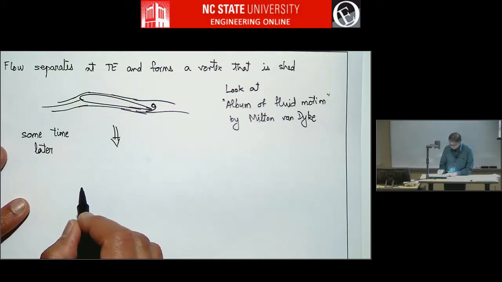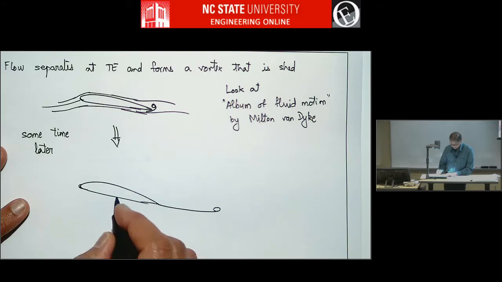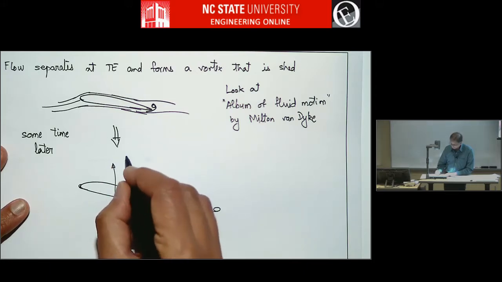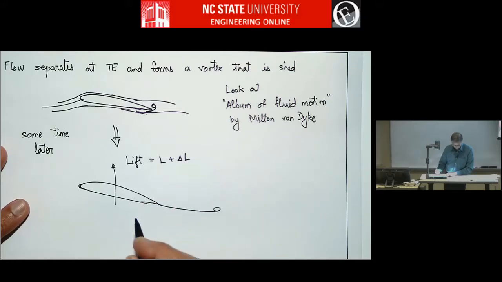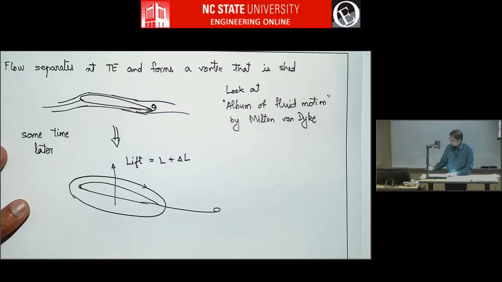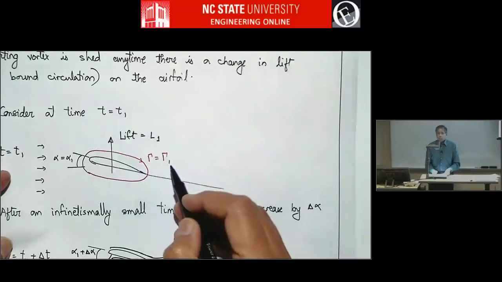Sometime later you will have this vortex that will be like this somewhere here, and this lift would have increased by delta L, and the circulation, previously the circulation was gamma 1.